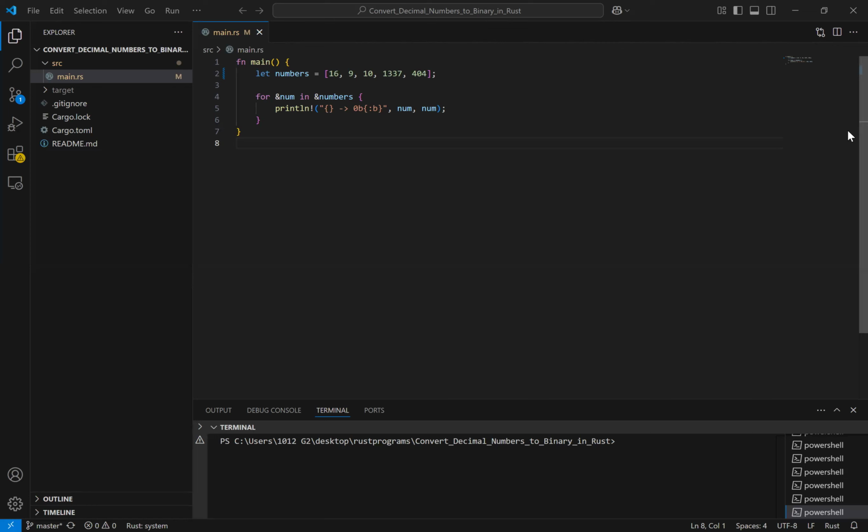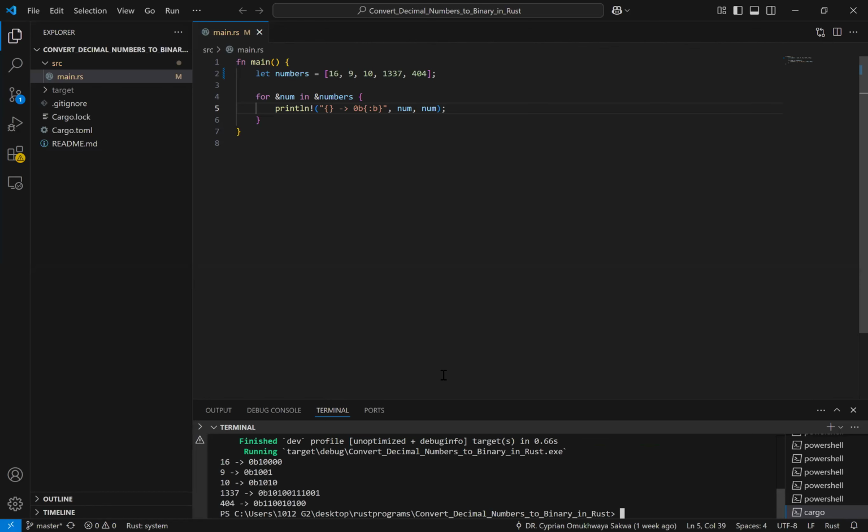Now, I've input my numbers here, and for each number I want to print its binary. That's what I want, so I just tell it, go run. Then it will give me the binary numbers for each of those decimal numbers.